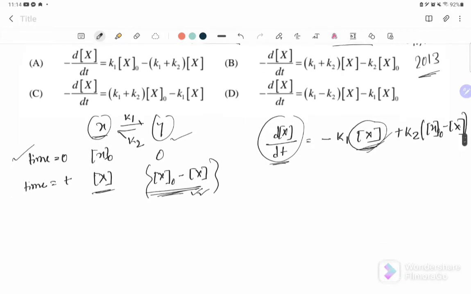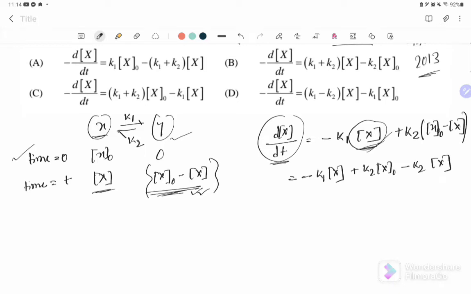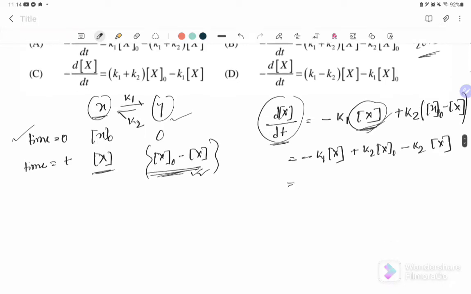Simple. Now you do the equation. So dx/dt is minus k1 x plus k2 (x0 minus x), which is minus k2 x. So minus (k1 plus k2) x plus k2 x0.